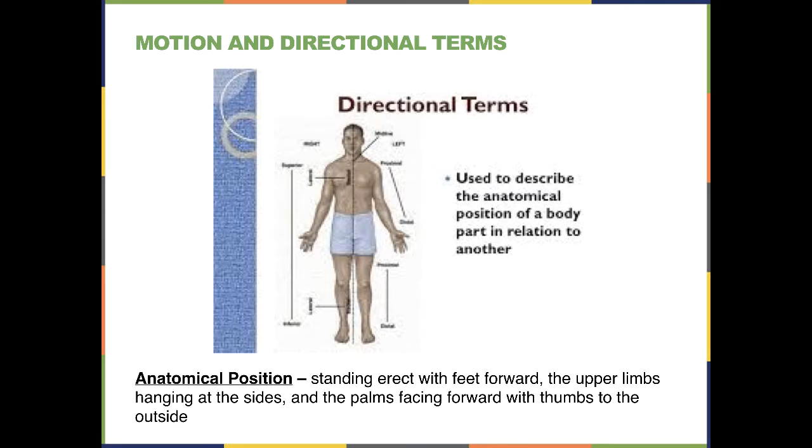And so in that position, if I say that the thumb is lateral to the pinky finger, you know that means the thumb is farther out from the midline than the pinky finger is. And it's from this position that when we talk about various motions, we're talking about what we're doing. You have to know this because you have to be able to start from the same position every time when we talk about various motions.